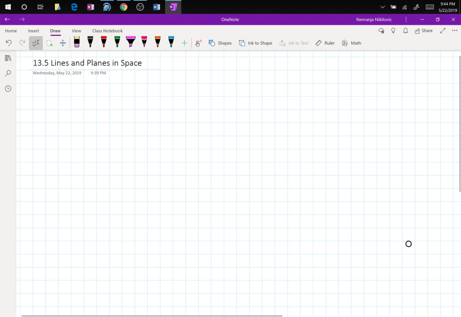So we have to discuss the line in space, which is the straight line that you know and love from 2D.